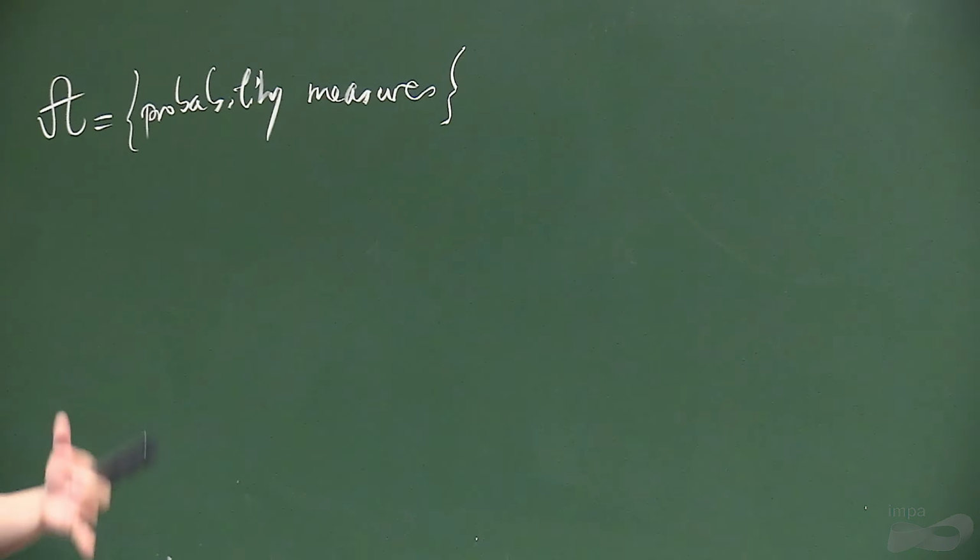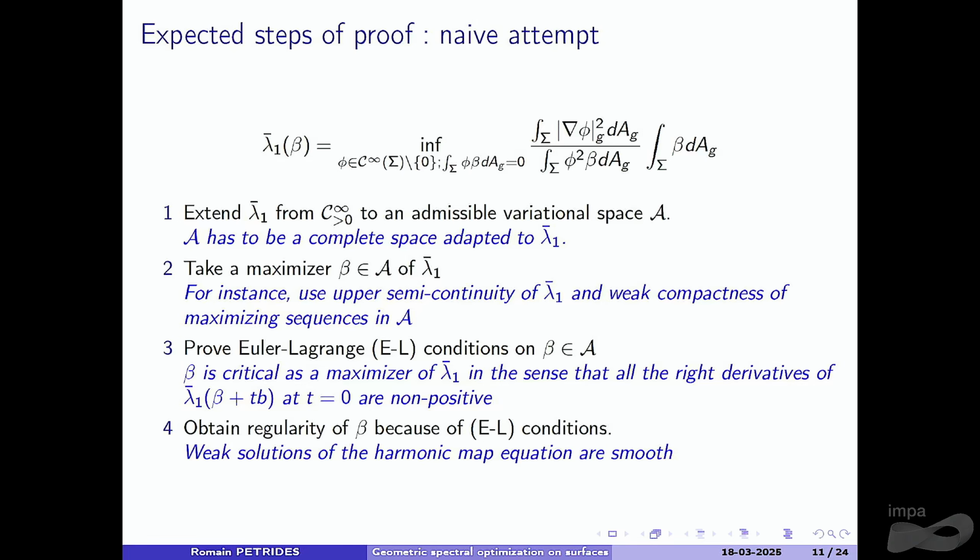So you can be in the space of probability measures. So this can be generalized as a definition. You take the infimum over things, you replace beta DAG by a probability measure.